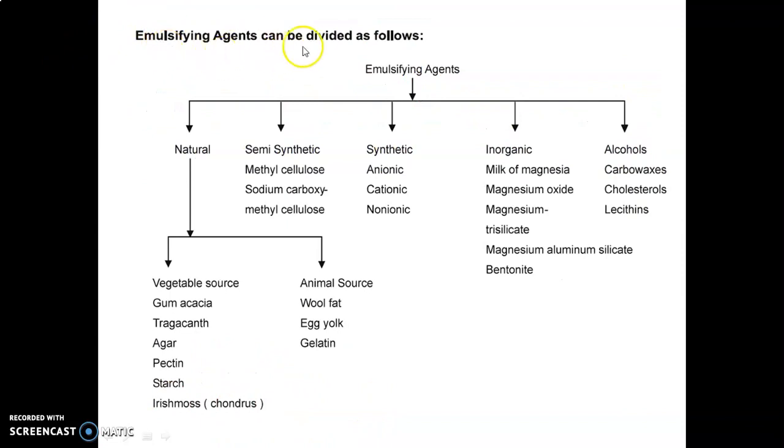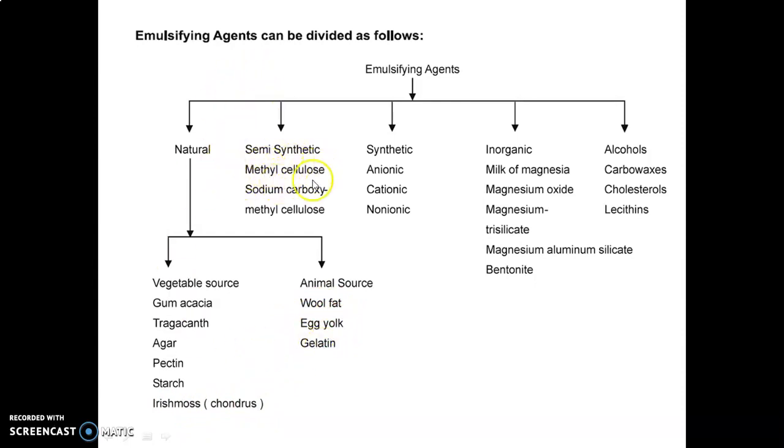So the emulsifying agents can be divided as follows: natural, semi-synthetic, synthetic, inorganic, and alcohols. In natural there are 2 types, vegetable source and animal source. In vegetable we have gum acacia, tragacanth, agar, pectin, starch, then chondrus, and animal source means wool fat, egg yolk, gelatin.